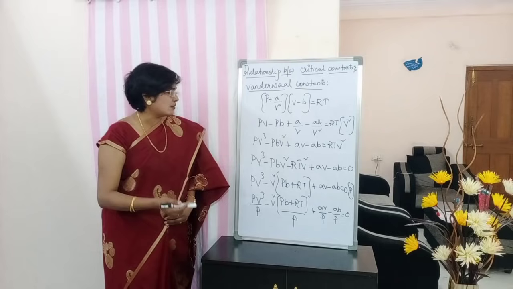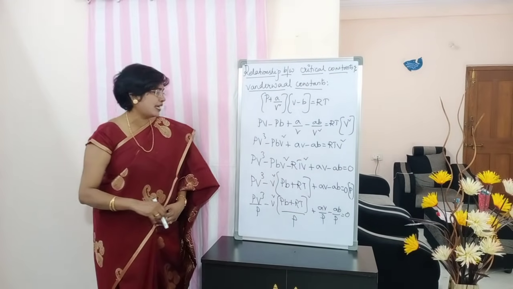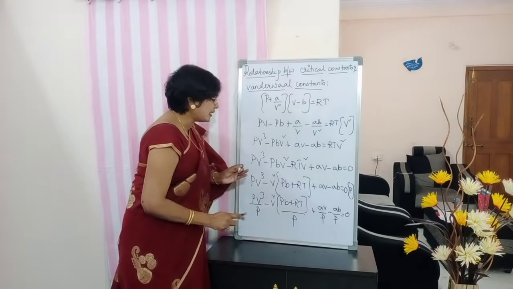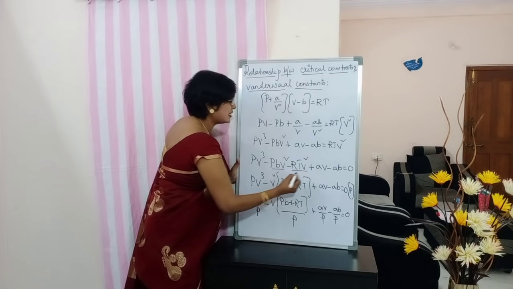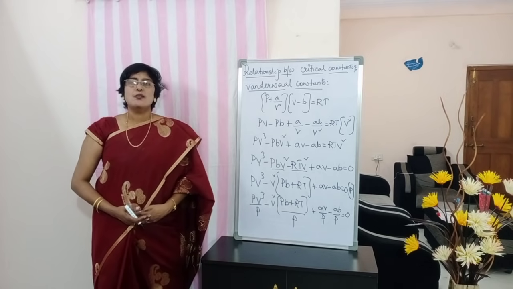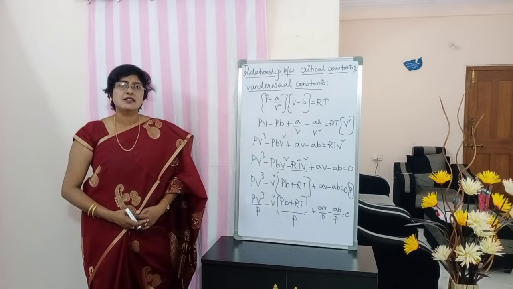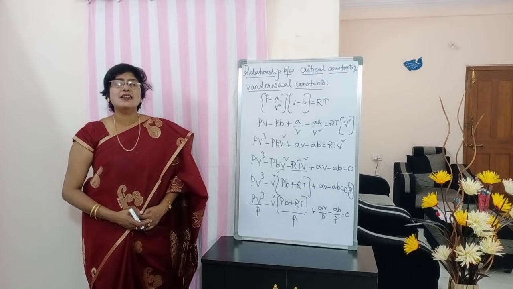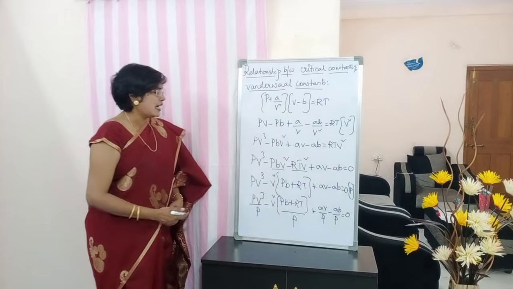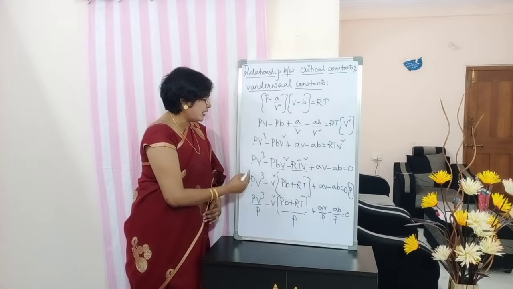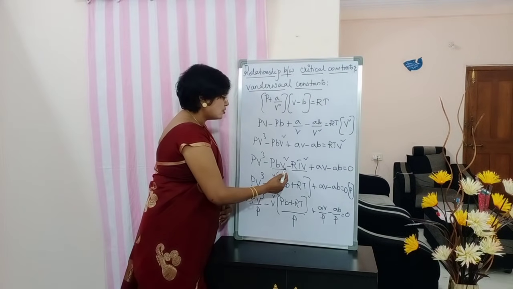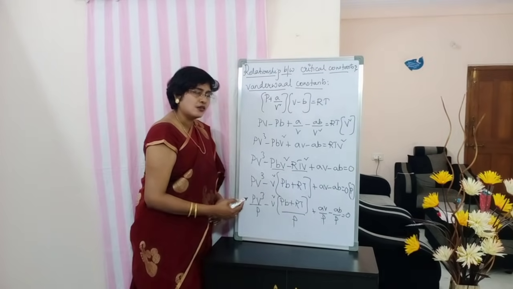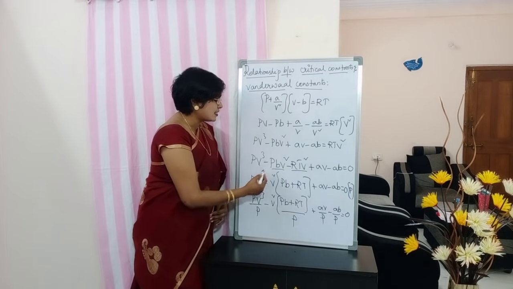Okay, so next step, students, look carefully. This term is PbV², this term is RTV². What is common in both the terms? V². So we can take V² common out, and therefore the next step will be PV³ minus V² (Pb + RT). So V², if I take common out, what remains inside the brackets, students?